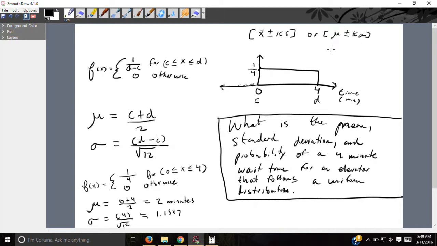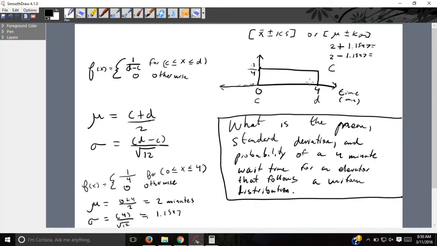I'm going to take the values I just solved for and put them in. So I have 2 minutes plus my standard deviation, 1.1547, and then I also have to do the minus: 2 minus 1.1547.